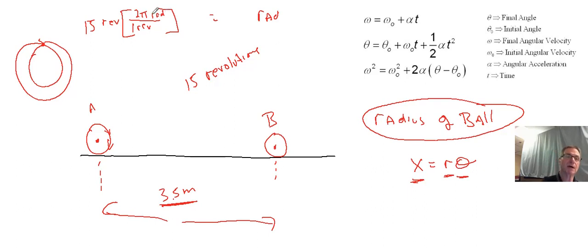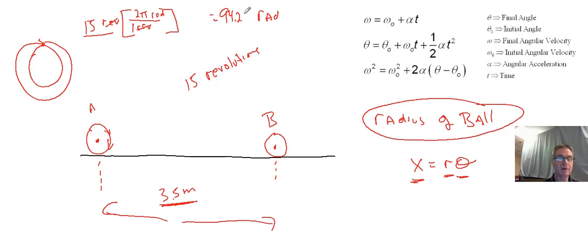So I'm going to multiply my 15 revolutions by 2 pi radians over 1 revolution. It's like multiplying by 1. Revolutions cancels out, and I'm left with radians. So the number of radians the ball travels through is 15 times 2 pi, which is about 94.2 radians.